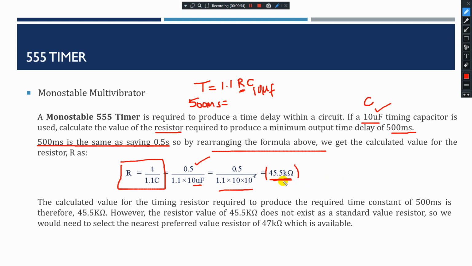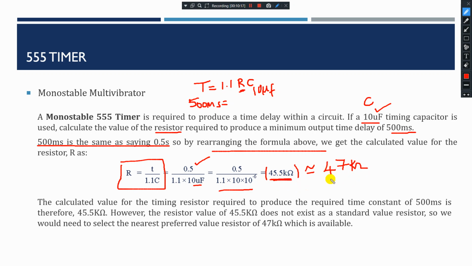To get a standard resistor, you have to search on the internet or you have to search in the market. So the nearest approximate standard resistor is 47 kilo ohm. We are able to understand, I think.